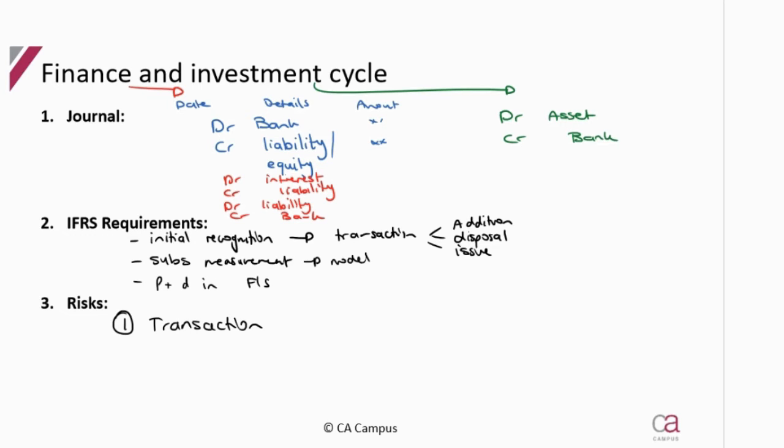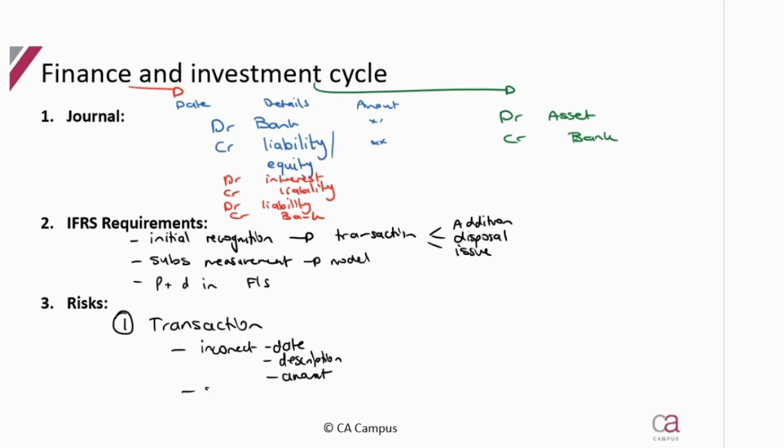Although it is an asset or liability or equity, it's still a transaction. And therefore, it's going to be the risks that it's recorded on the incorrect date or description. So it's in the incorrect account, or amount. So the initial recording is at the incorrect amount.